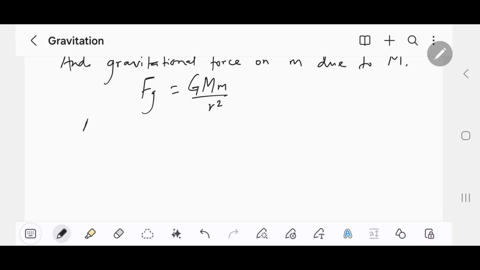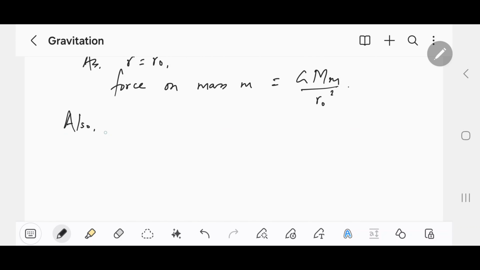As r equals r naught, the force on mass m is given by GMm by r naught square.